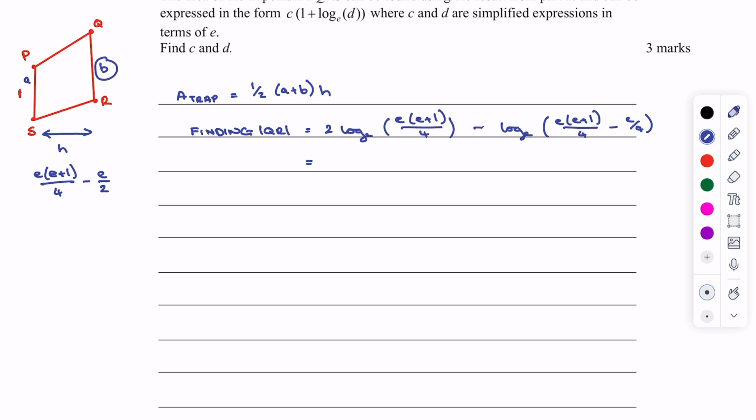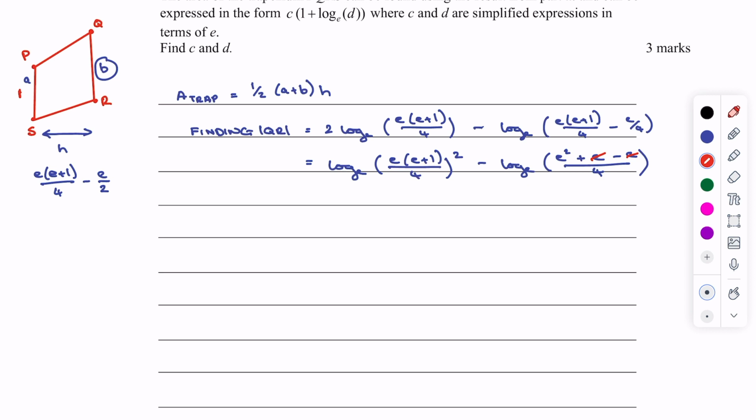Let me just consider what I'm going to do here, and use a logarithmic law where I bring my power to the front. I'm going to notice that I have e on 4 here. So that's log e. If I expand this out, I get e squared plus e minus e on 4. That means that I can cancel out those.